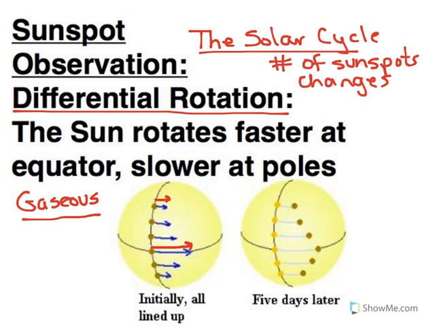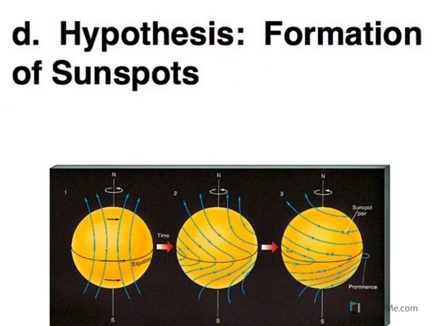We also see it in the gas planets. The Jovian planets, Jupiter, Saturn, Uranus, and Neptune, also rotate faster at the equator and slower at the pole. So how does that tie in to how sunspots form?